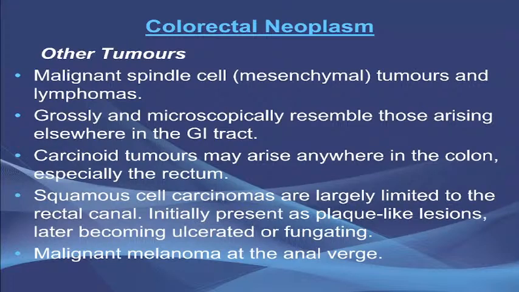Carcinoid tumors may arise anywhere in the colon and especially the rectum. So the rectum may be the more common site in the GI tract. Squamous cell carcinomas are generally limited to the anorectal region and initially present as plaque-like lesions that later become ulcerated or fungating, and malignant melanomas can occur at the anal verge.